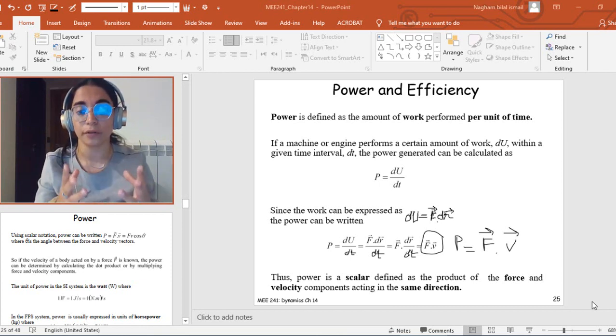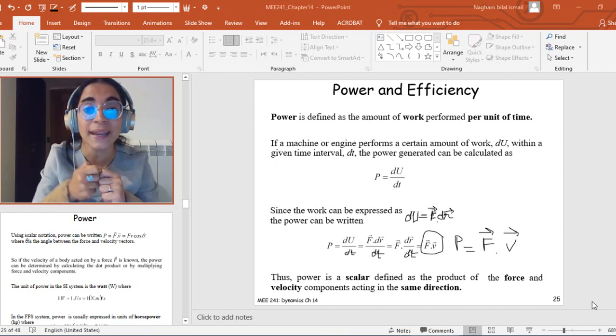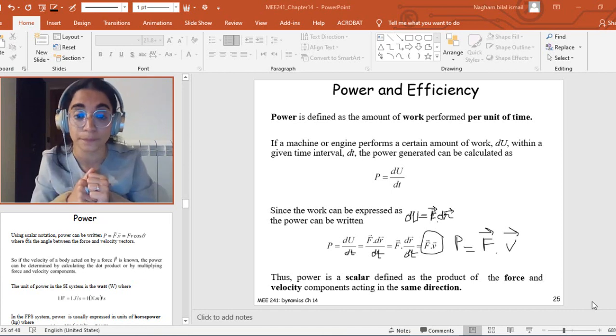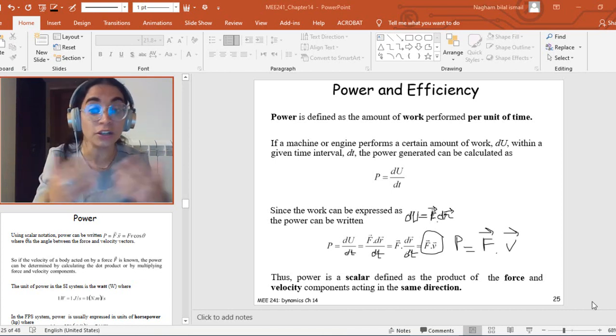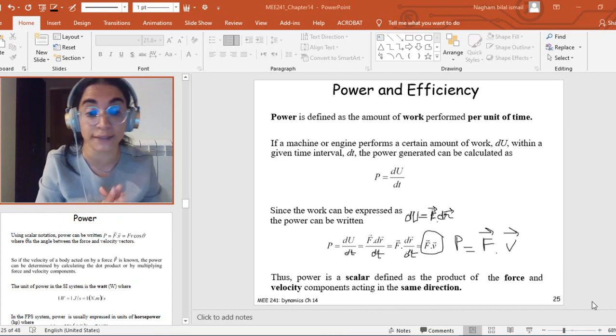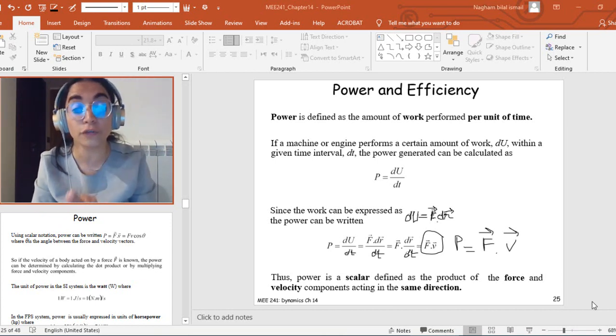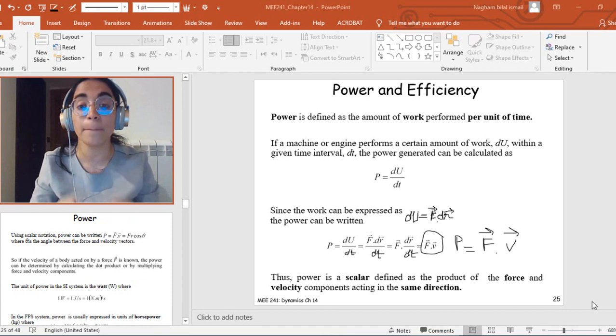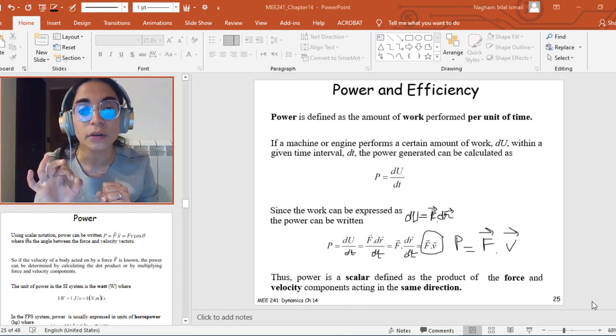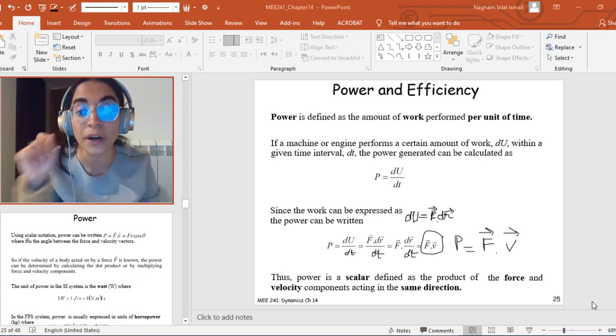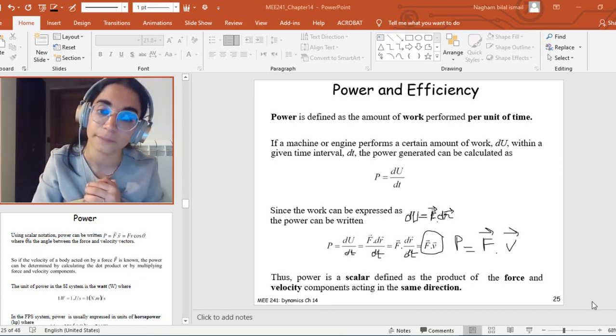What is the power? Power is related to work and is defined as the work performed per unit of time. So it is the rate of the work in time. If a machine or engine performs a certain amount of work dU within a given time interval dt, then the power generated by this machine or engine will be equal to the derivative of the work with respect to time.